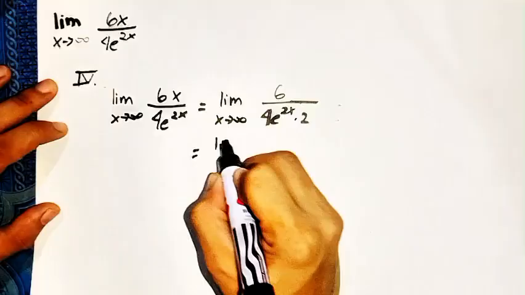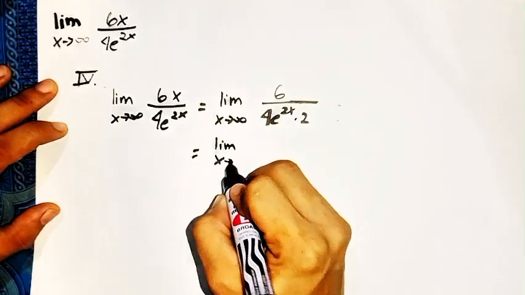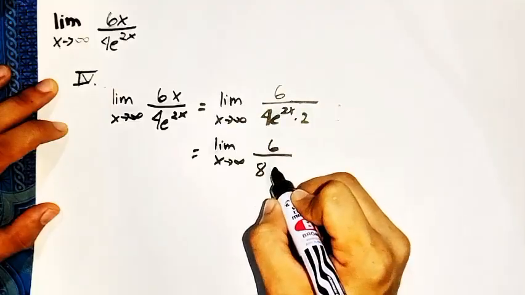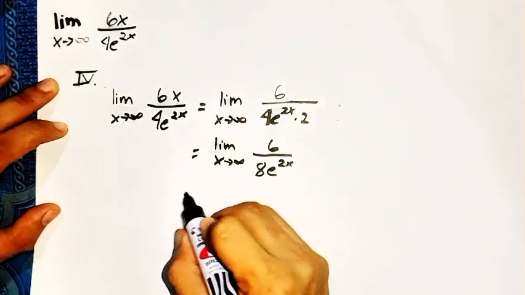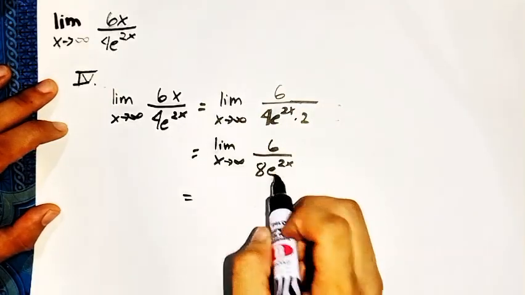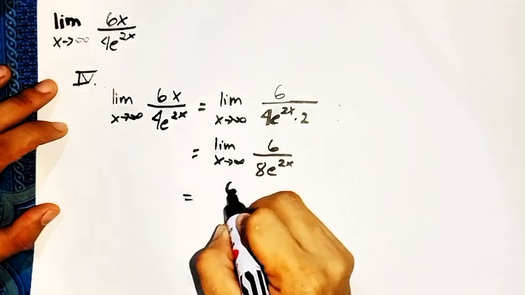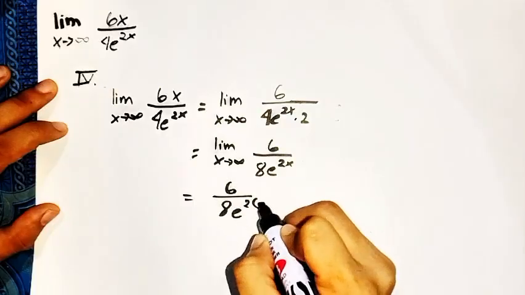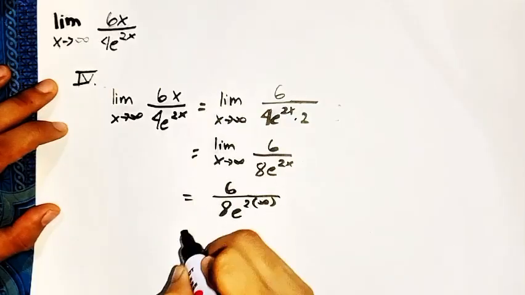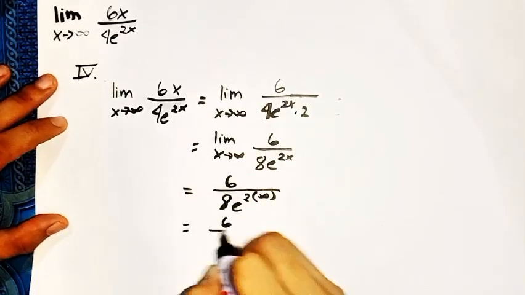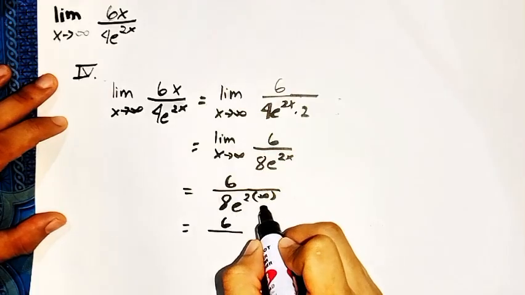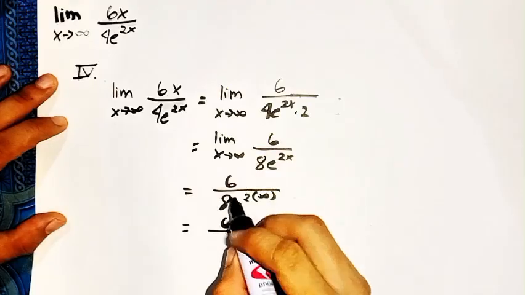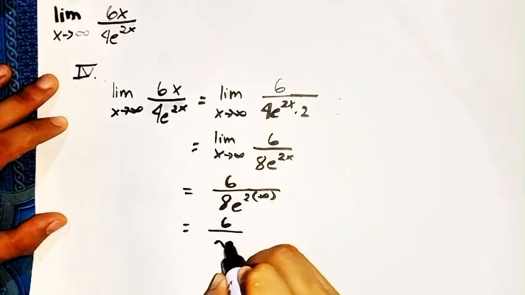So copy the limit, x approaches infinity, 6 over 2 times 4, which is 8e to the 2x. Substitute the infinity to our x, so we have 6 over 8e to infinity. 2 times infinity is infinity, e to infinity is infinity, and 8 times infinity is also infinity.